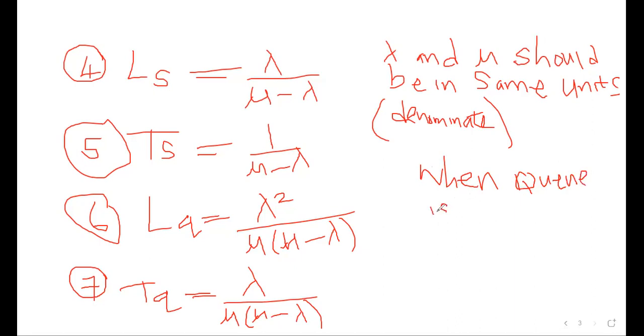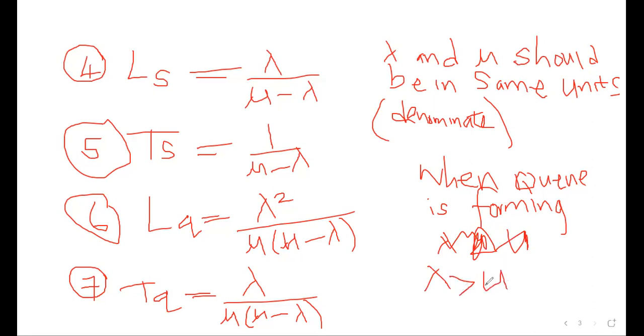When the queue is forming, our arrival rate is greater than our service rate, because you find customers waiting for you before you open your premises.